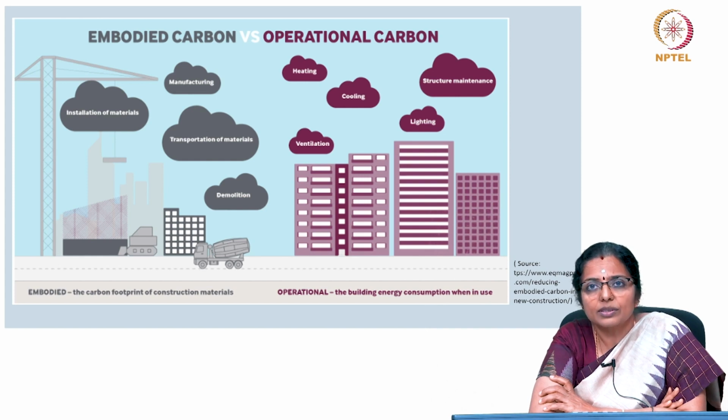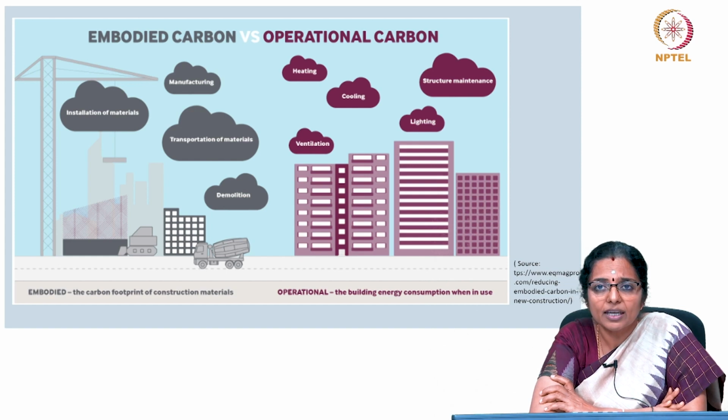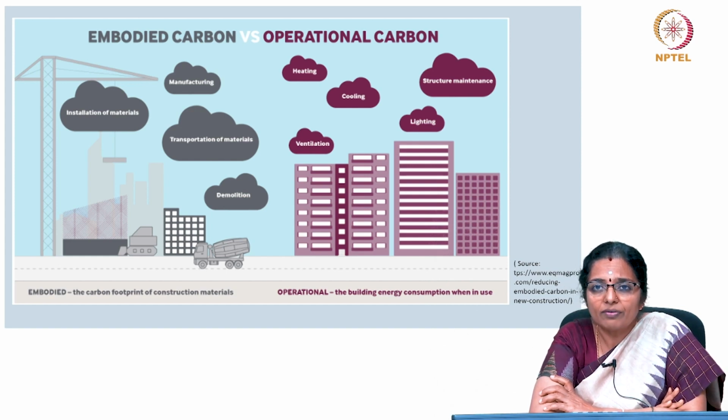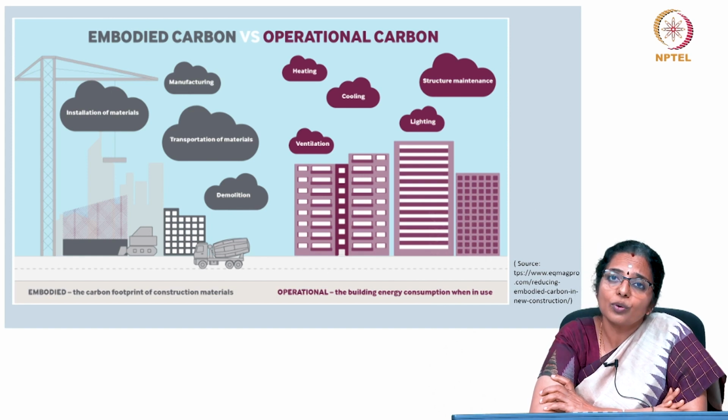This includes extraction of production materials, transportation of materials, manufacture of materials, construction of material, demolition and retrofitting, end of life deconstruction. So, embodied carbon is the upfront carbon that is generated before you actually use the building.